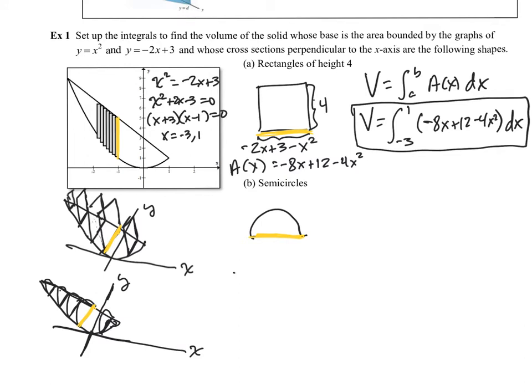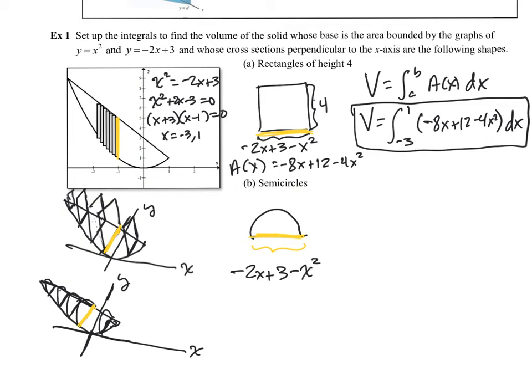So this diameter right here would be the top function, negative 2x plus 3, and then minus the bottom, oh, whoops, I forgot my 3. Sorry about that. Negative 2x plus 3, and then minus the bottom function, which is x squared.